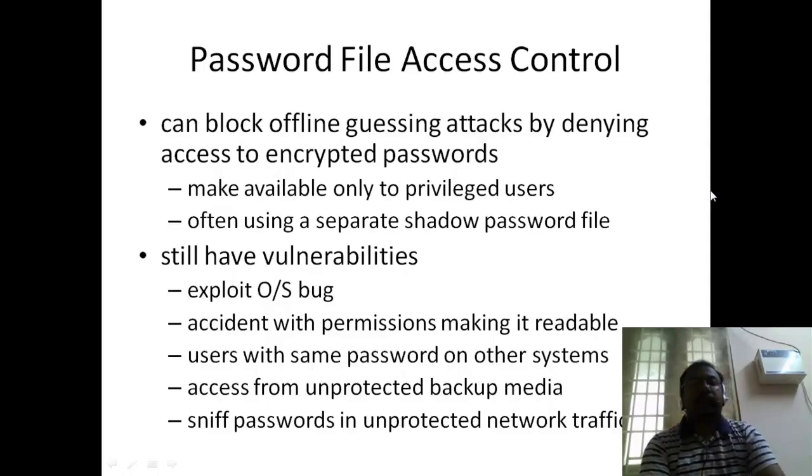So the first and primary thing is to block all offline guessing attacks by denying access to the encrypted passwords, and you give preference only to privileged users, not all.